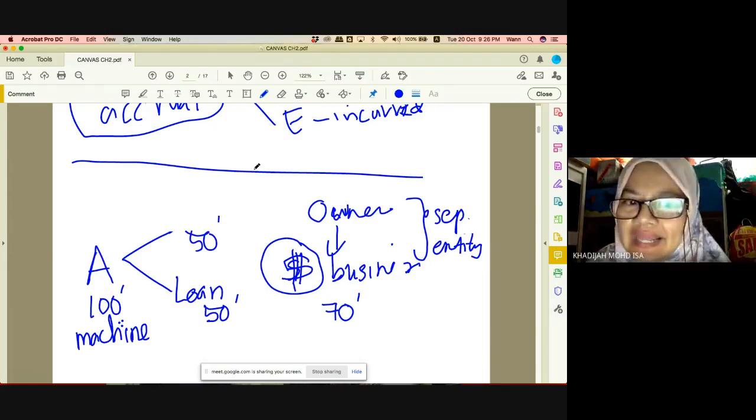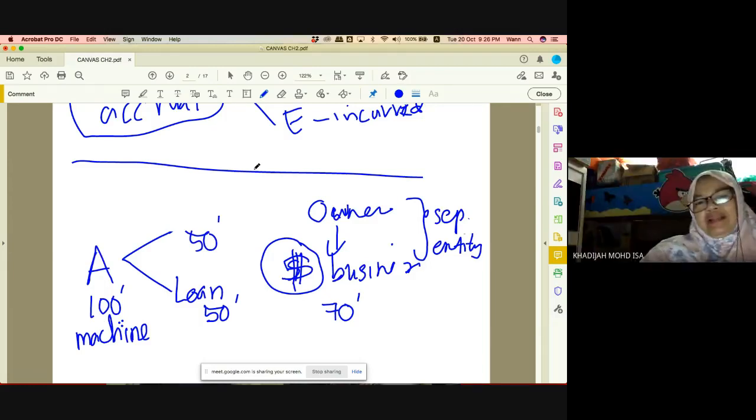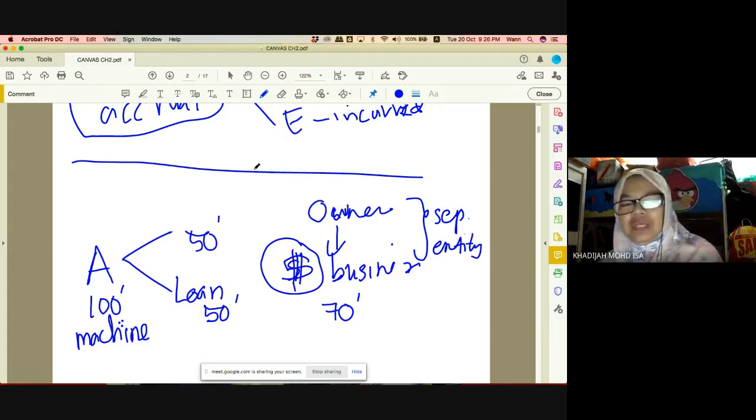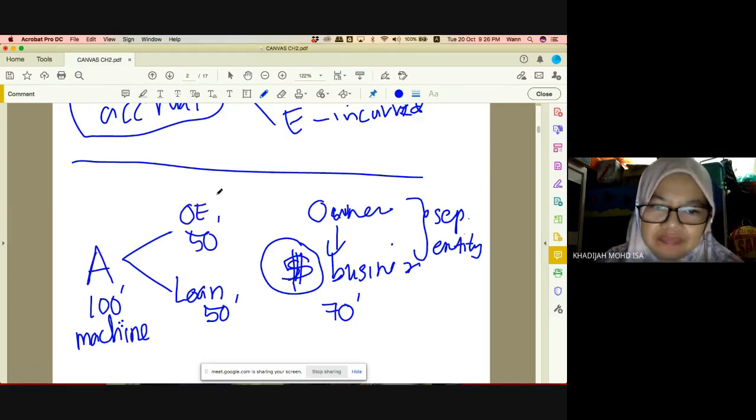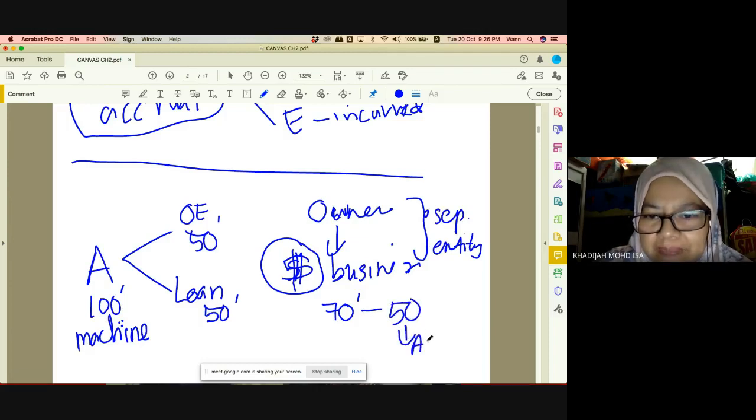Okay, it doesn't work like that. Can't do that, right? If you take 50, it means the balance of 50,000 must come from your own equity. So from the 70,000 that you have, you're going to have minus 50,000, because this money you used to buy your asset.